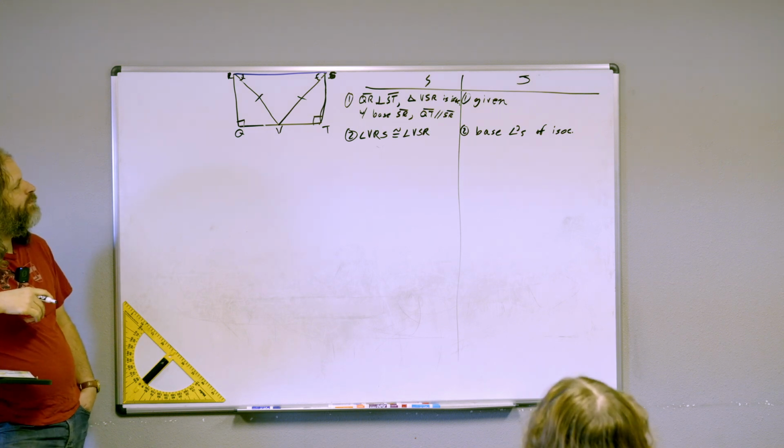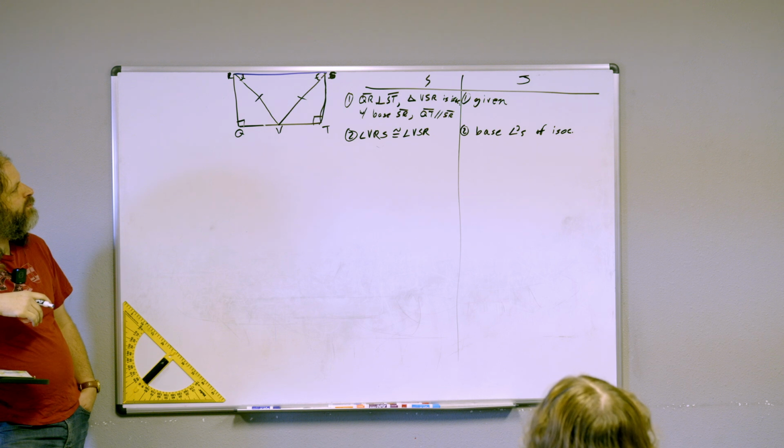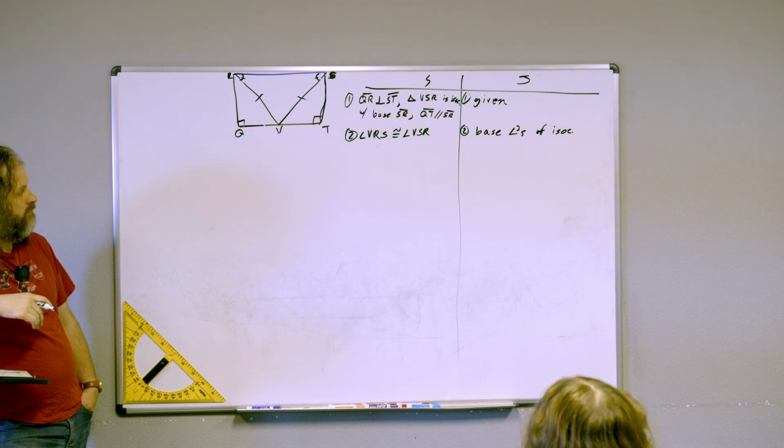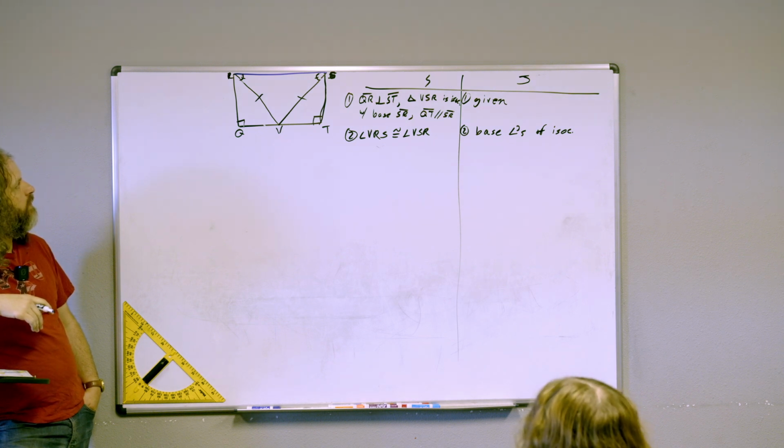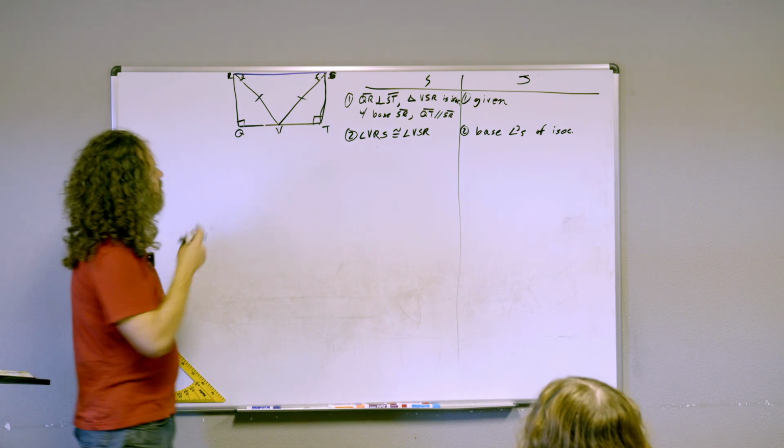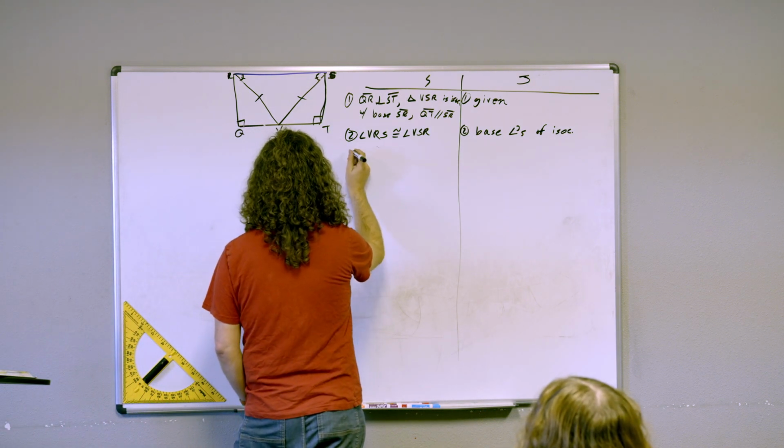Then I said RVQ is congruent to VRS through alternate interior angles. Yes. And I did the same on the other side. Sounds great.